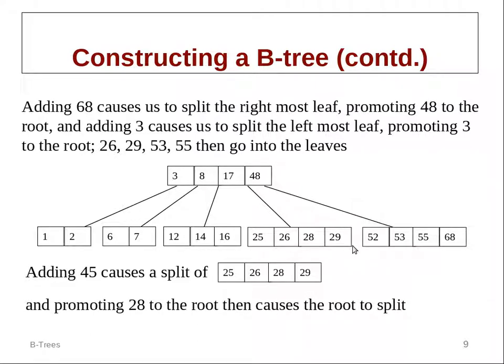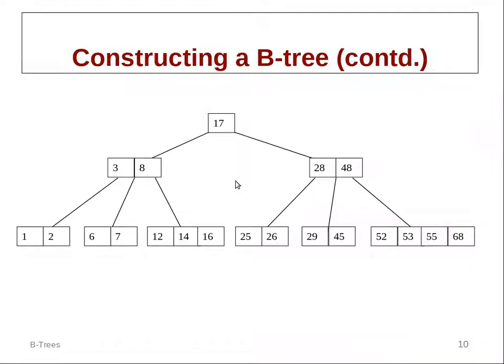Mm-hmm. And you'd have to promote 28, but if you promote the 28, now the root node is violating condition 5. So what do you have to do again? Do the same thing and promote the 17. So it turns into something like that.